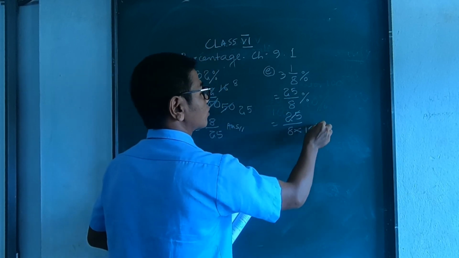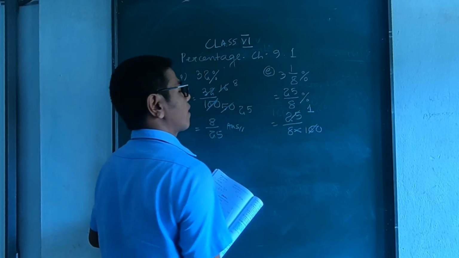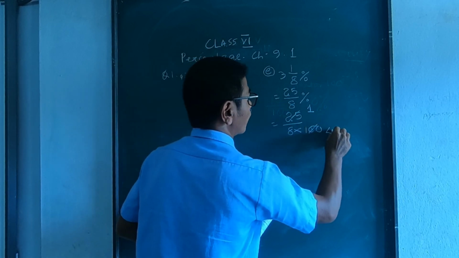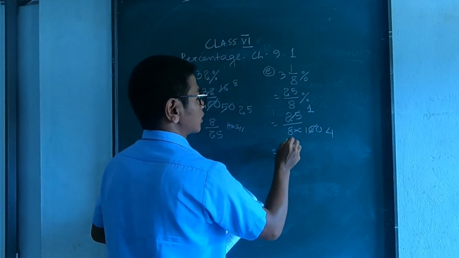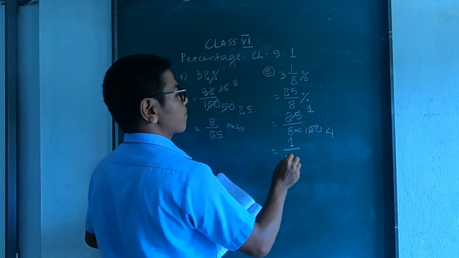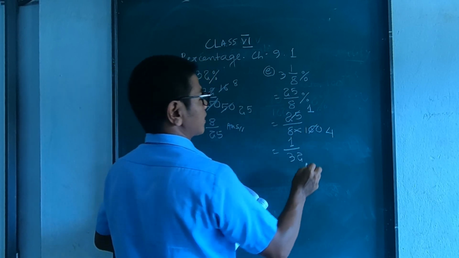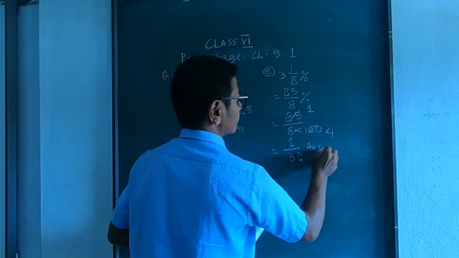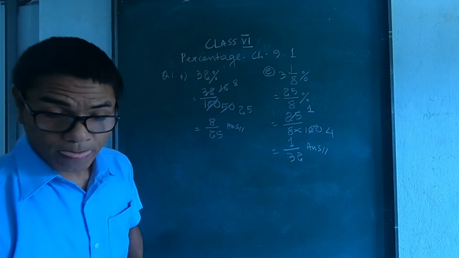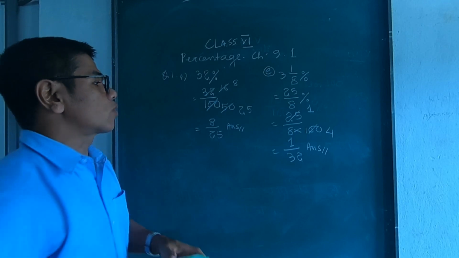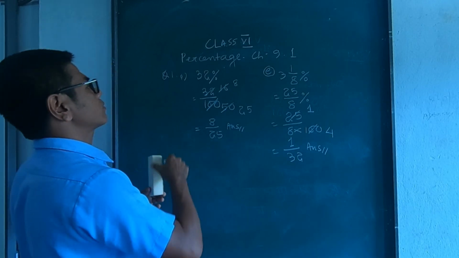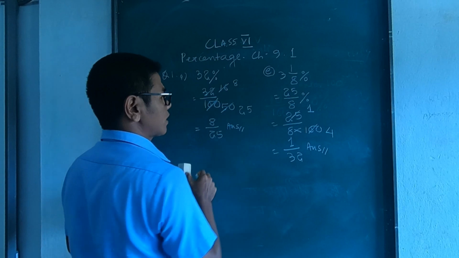We'll directly cut: 25 1s are 25, 25 4s are 100. So the lowest number is 8 4s are 32. So 1 by 32. Hope you understood. You can try at home those portions, the sums like B, C, D, which I didn't do.